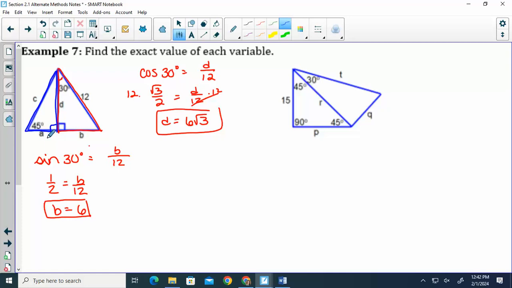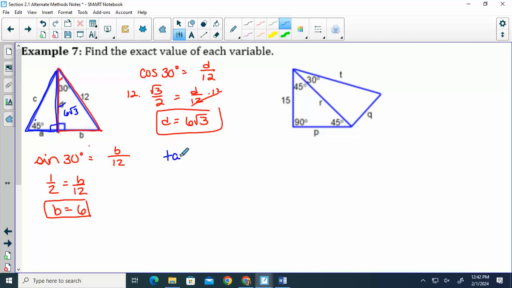Okay. We have a lot of guesses, so let's work it out and see. So, from this, the only side I now know, we found out that this was 6 radical 3. Okay, so if I want to find side A, from here, A is adjacent. 6 radical 3 is opposite. What trig function involves opposite and adjacent?